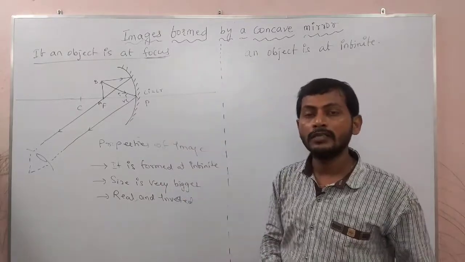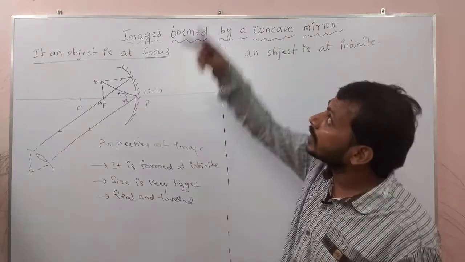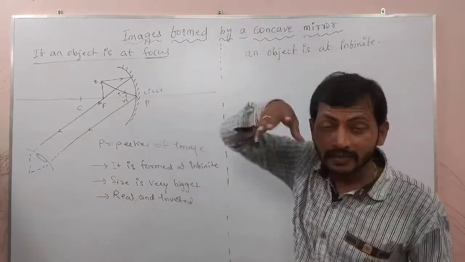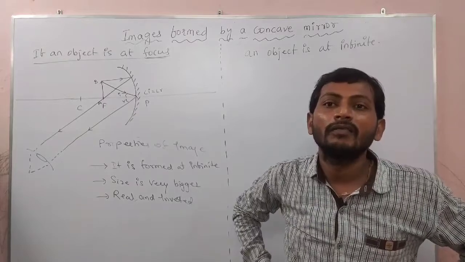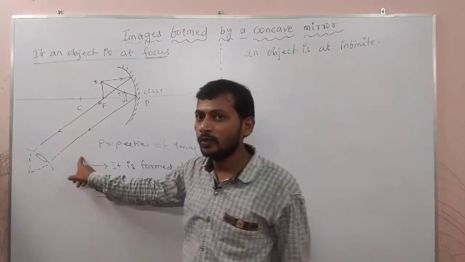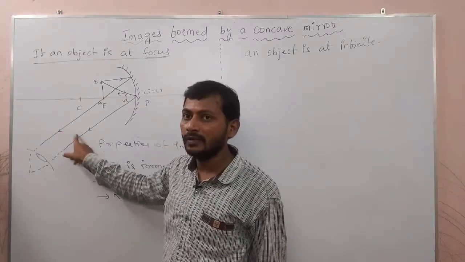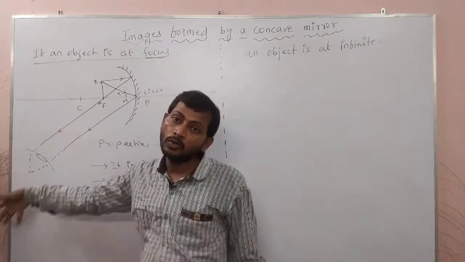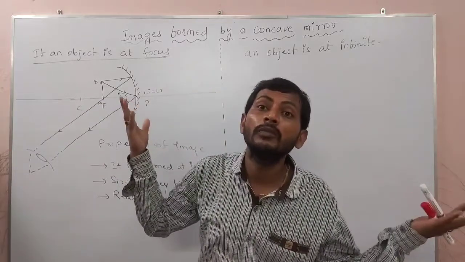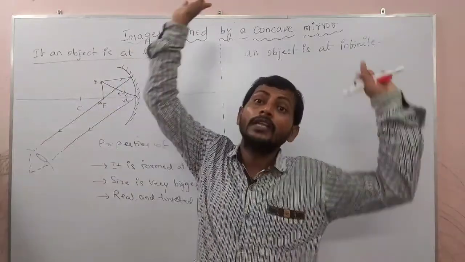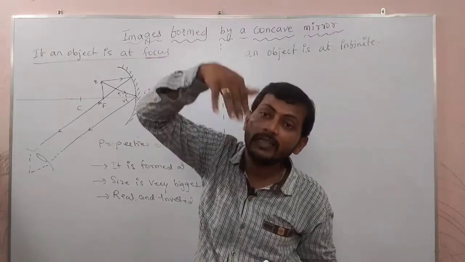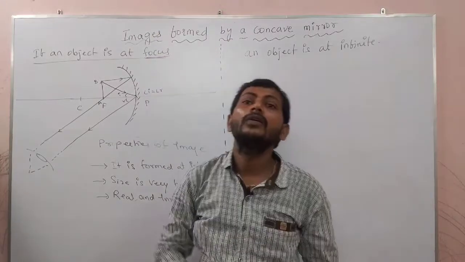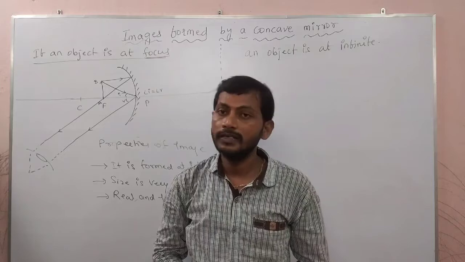Then I am going to ask, when the rays are coming from the infinite, they are parallel. Why, sir? Now only I told you, these two rays are parallel to each other. That's why they are going to meet. Where they are going to meet, I don't know. That's why I said at the infinite. When the rays are coming from the infinite, the rays are parallel to each other, isn't it?